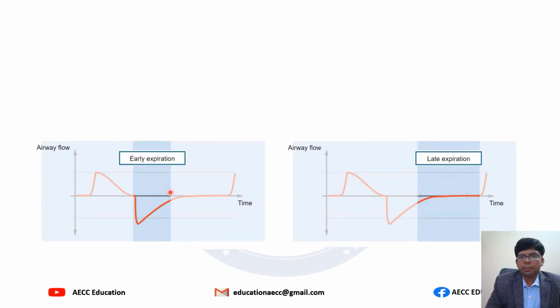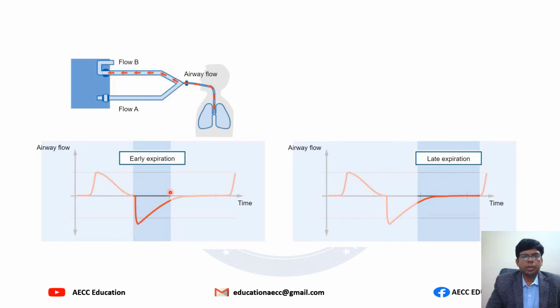At the early expiration, the ventilator closes its inspiratory valve and fully opens its expiratory valve for a maximum expiratory flow. Initially, the expiratory flow rises quickly to maximum and then decreases gradually as the circuit pressure drops.